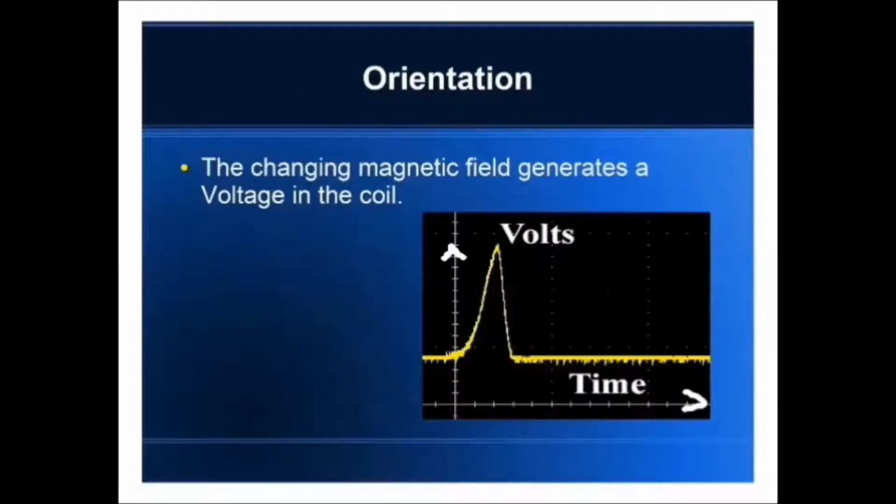The discussion here is going to be in the form of a graph. The horizontal dimension of it is time, moving from left to right, and the vertical dimension is the volts, the voltage output from the trigger coil, and the positive voltage would go from a zero line upwards.